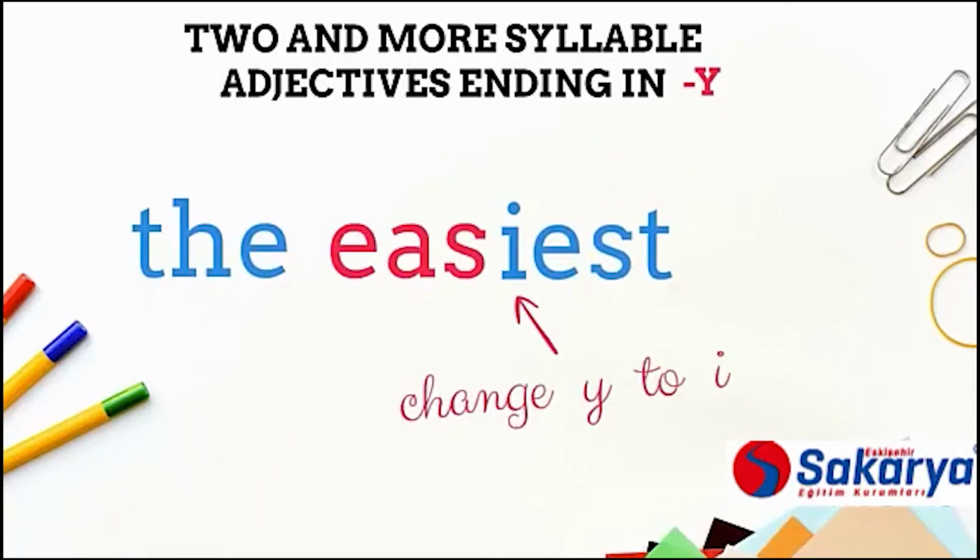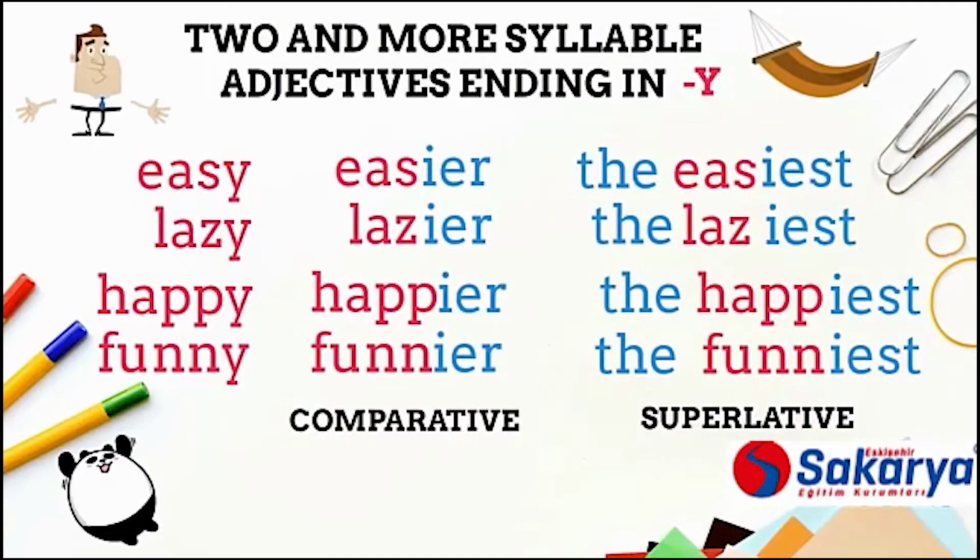We changed y to i. Here we have easy, easier, the easiest. Lazy, lazier, the laziest. Happy, happier, the happiest. Funny, funnier, the funniest.